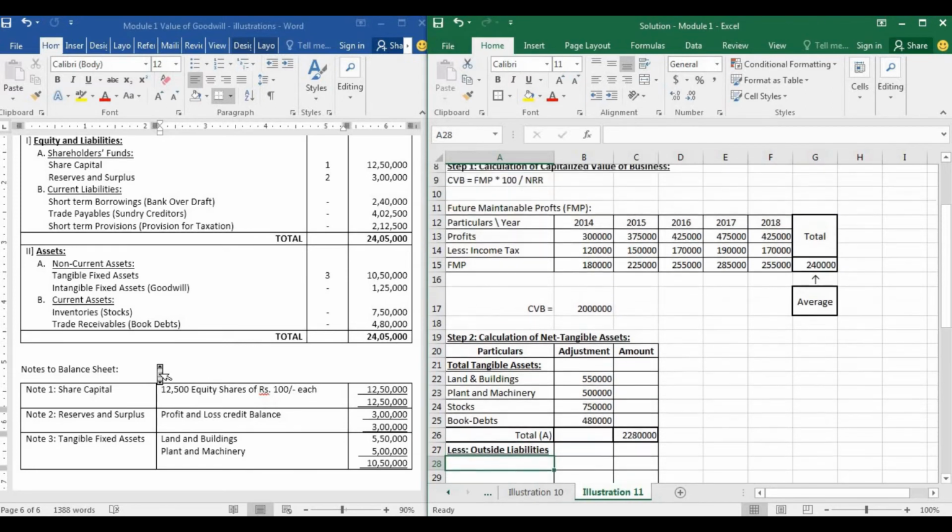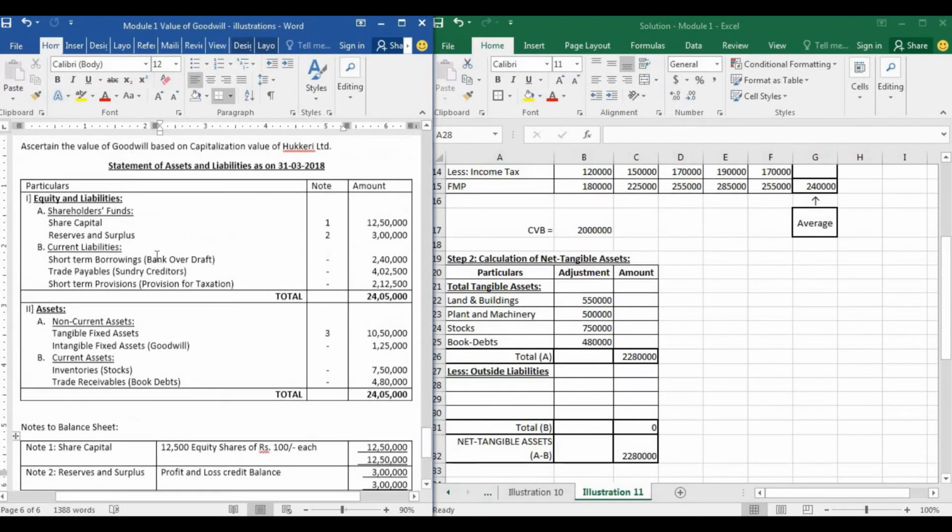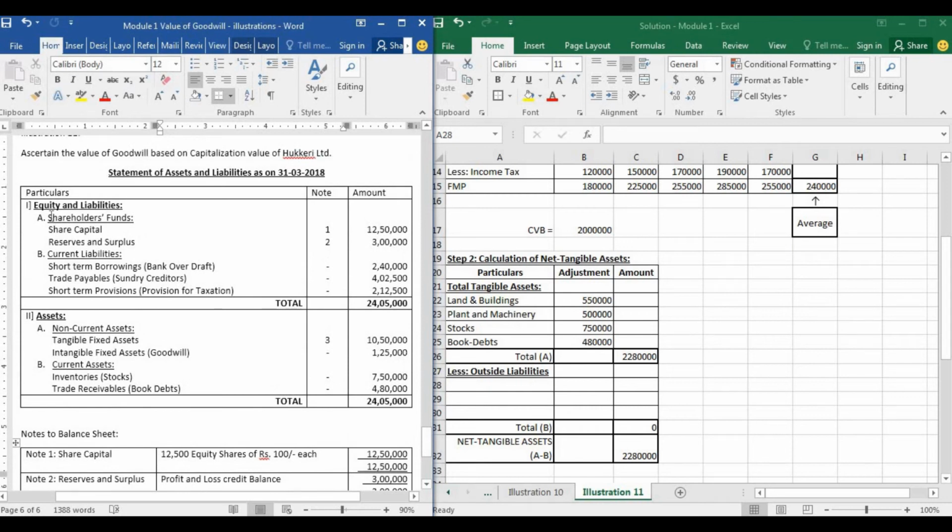Now we will do less outside liabilities. Outside liabilities is what I had told you in the previous video. Anything apart from shareholders fund is outside liability. So shareholder fund has these two aspects. We will leave the share capital and the reserves and surplus. Everything else is outside liabilities.